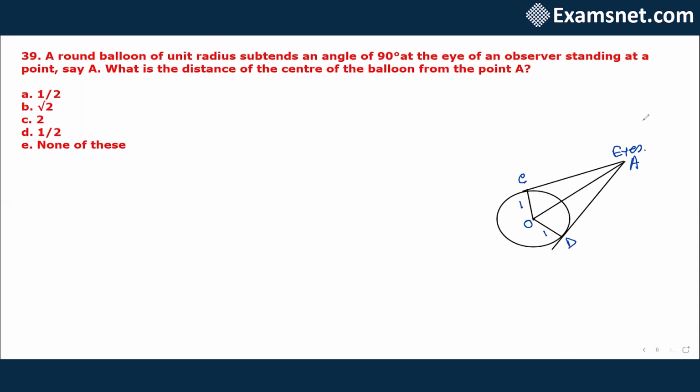So this is 90-degree. Since O is the angle bisector, we can say angle OAD is 45-degree, and angle CAD is in total 90-degree.